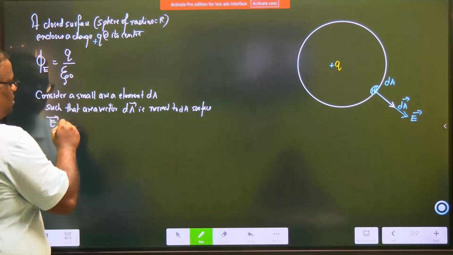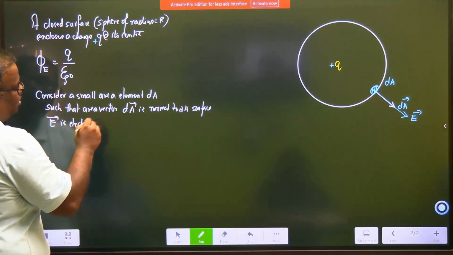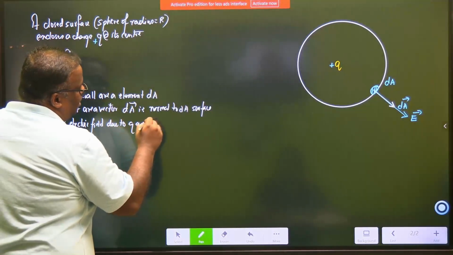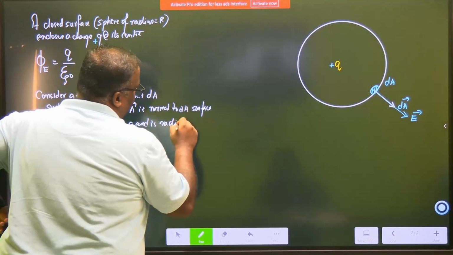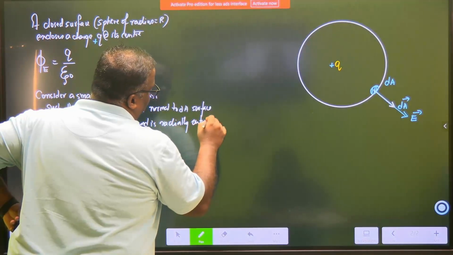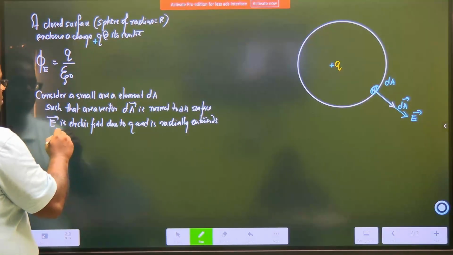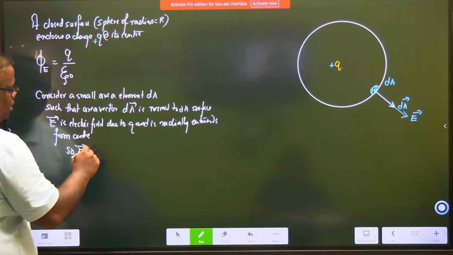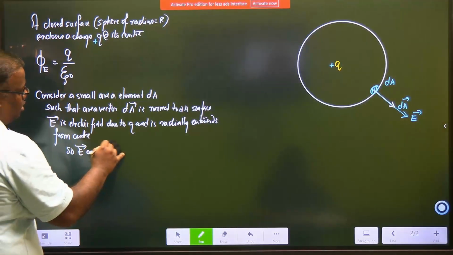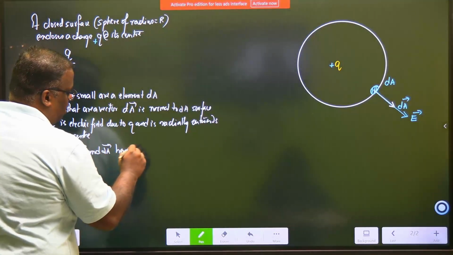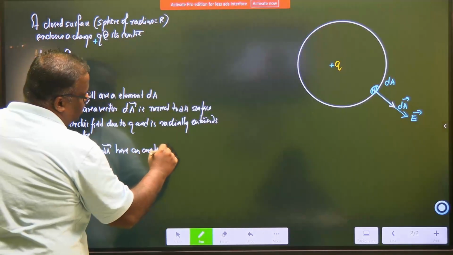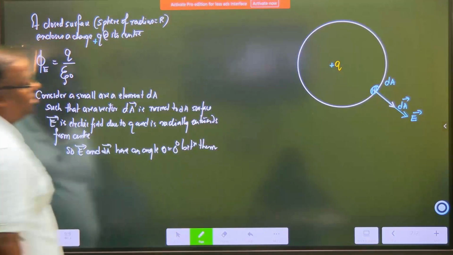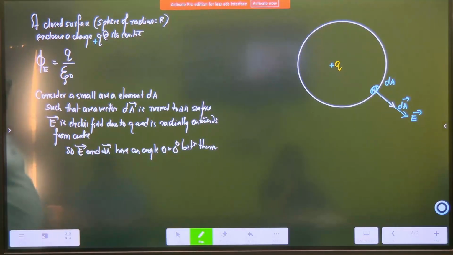E is electric field due to Q and is radially outwards from center. So E vector and dA vector have an angle theta equal to 0 degree between them. Did you understand this logic? 0 degree between them. Fine.